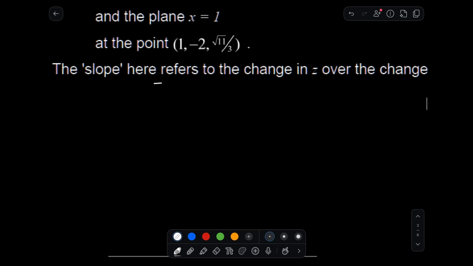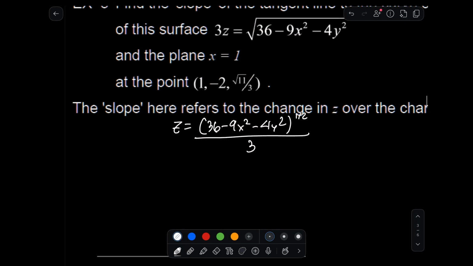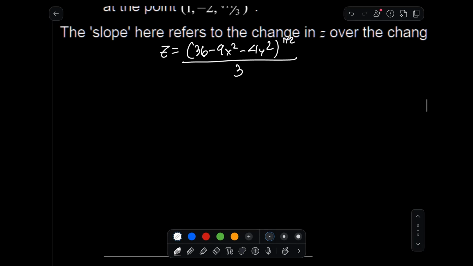So we're going to do z equals, let's actually just write it like this: 36 minus 9x squared minus 4y squared, to the 1/2, over 3. And then let's just do del z del y. We're holding x constant.